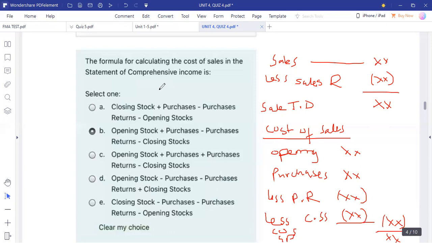So the question is, how do we calculate the cost of sales? Cost of sales is opening stock, plus the purchases minus the purchases returns, then minus the closing stock. So our answer is B. That is how we calculate our cost of sales.